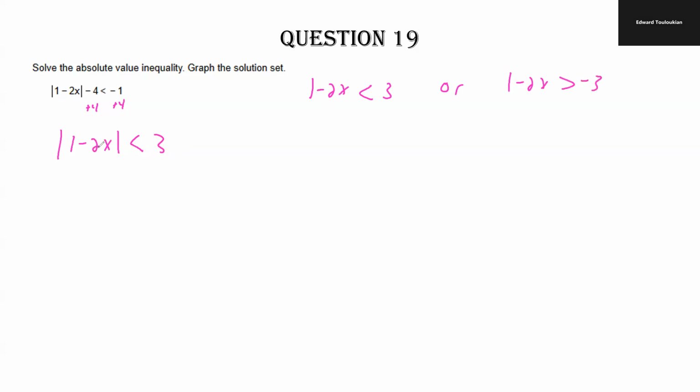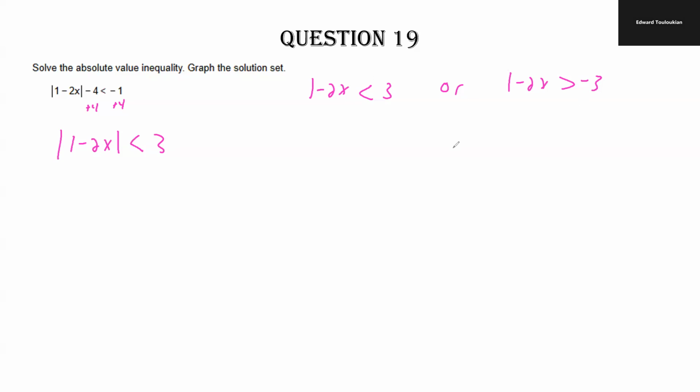So if you're greater than negative 3, that's like negative 2 and negative 1. The absolute value of negative 2 and negative 1 is less than 3 because it's positive 2 and positive 1. If this was like negative 4, that'd be bad because the absolute value of negative 4 is 4, which is bigger than 3. So the absolute value has to be greater than negative 3 or less than positive 3.